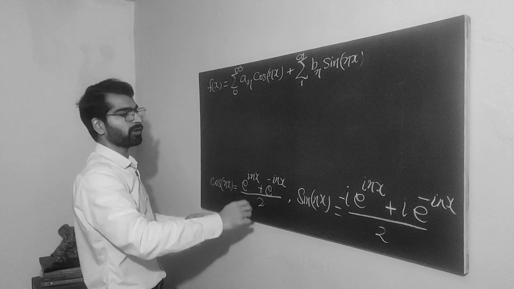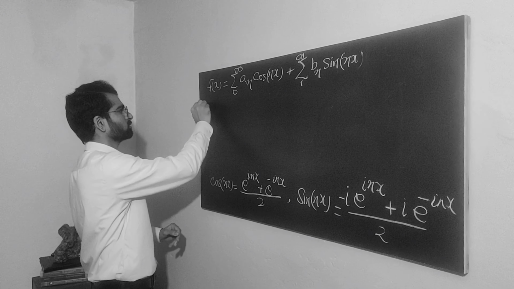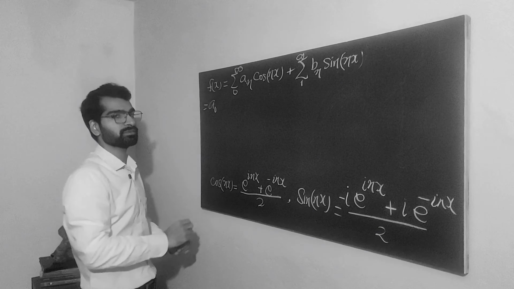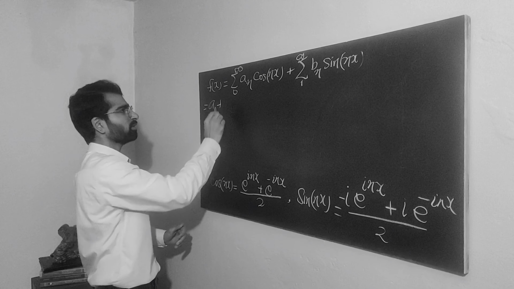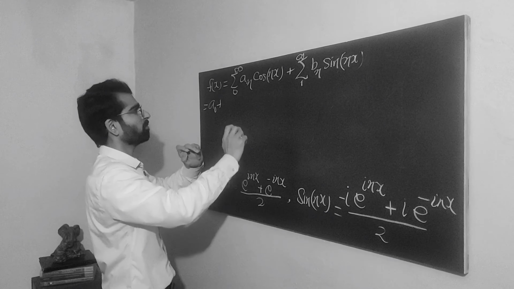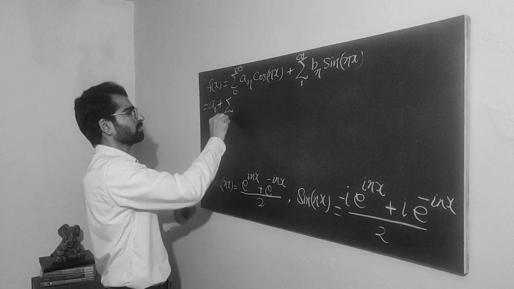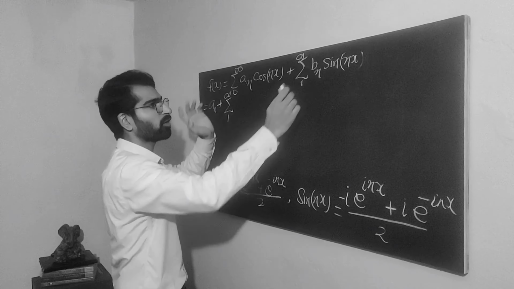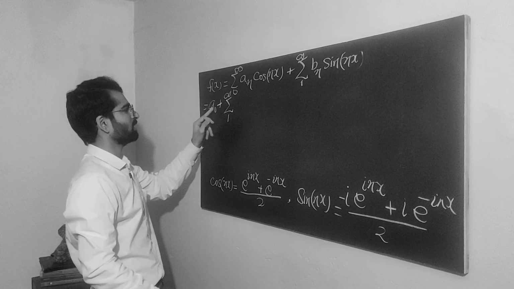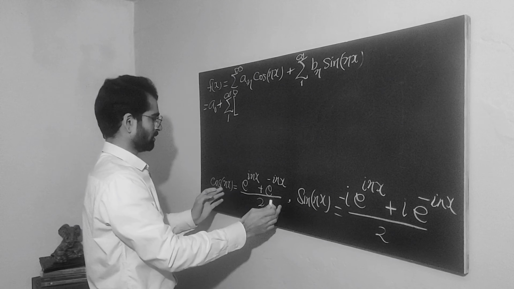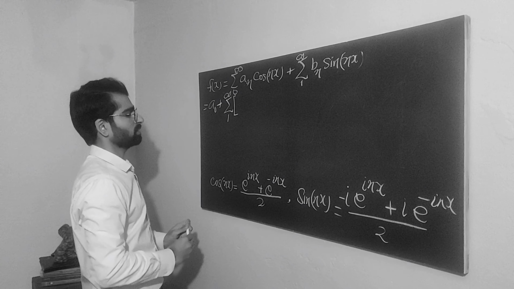And before I put them here, I want to take A0 out. I take the A0 out of the summation because now I can go from the summation from 1 to infinity for both of them, because now A0 is out. Right? So I take this and put here.